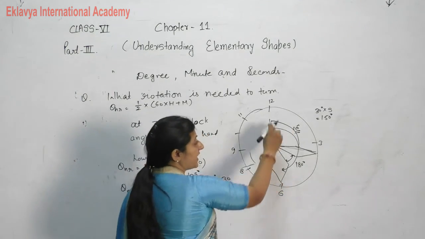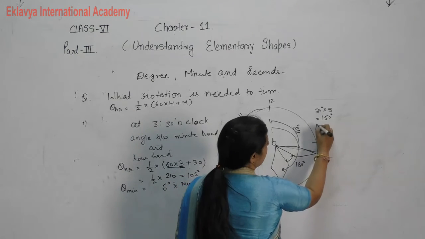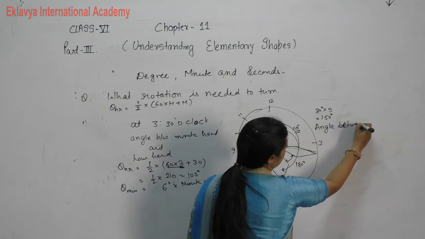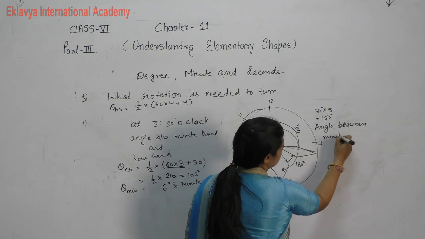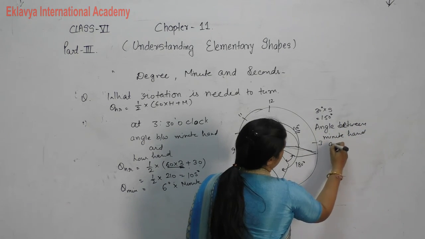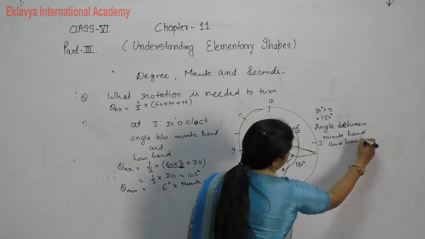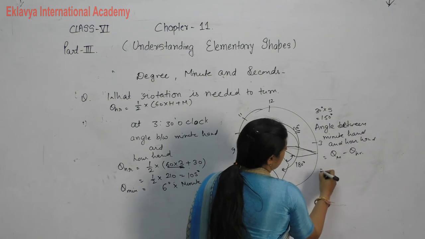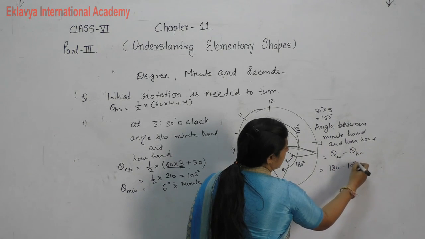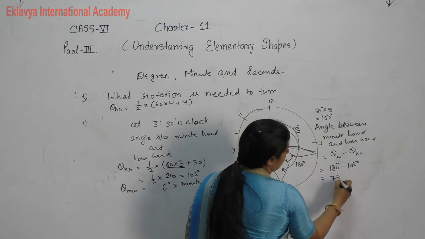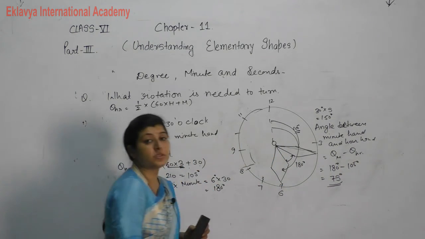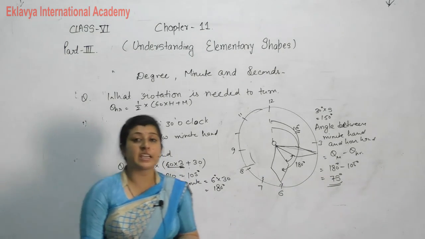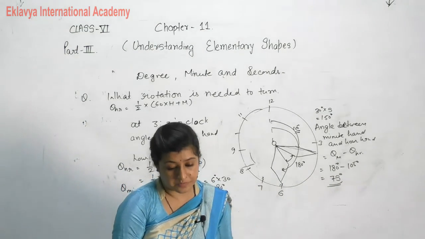This complete is 180 degree, this is 105 degree. Then the angle between the minute hand and the hour hand is equal to, we can say, theta minute minus theta hour, that is 180 minus 105 is equal to 75 degree. So we can use this formula and find out exactly the measurement of an angle around the clock. Okay.